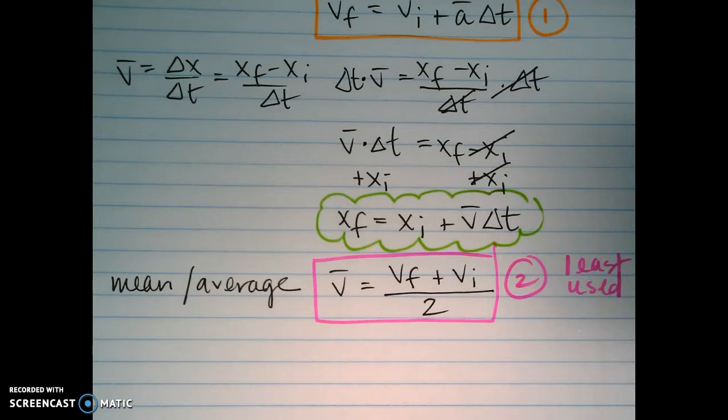But the reality is that very rarely are you going to have a situation where you know the average velocity and you're going to try to solve for the initial velocity. We'll do that in some of our early problems, but you probably won't use it after our first few weeks working with these equations.